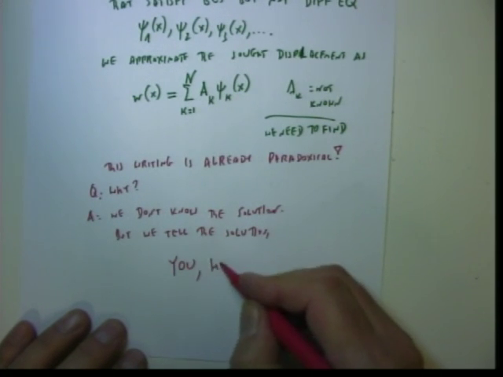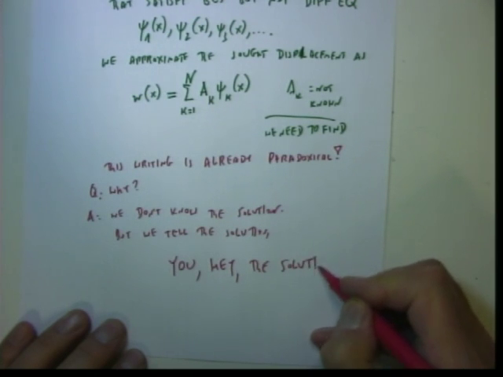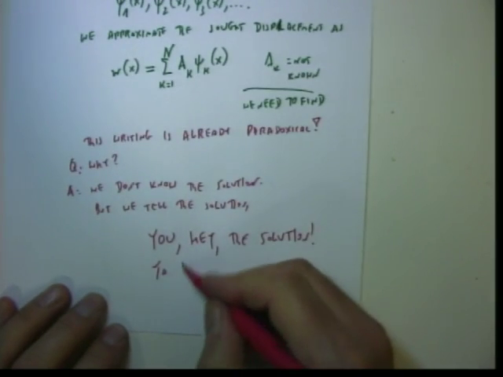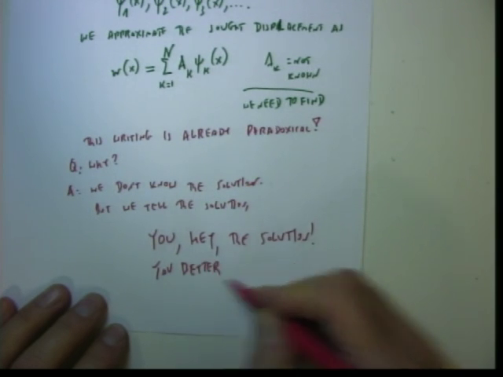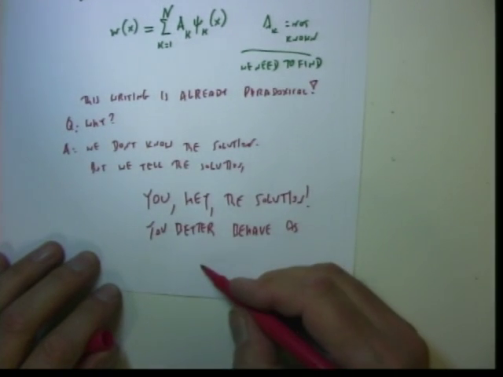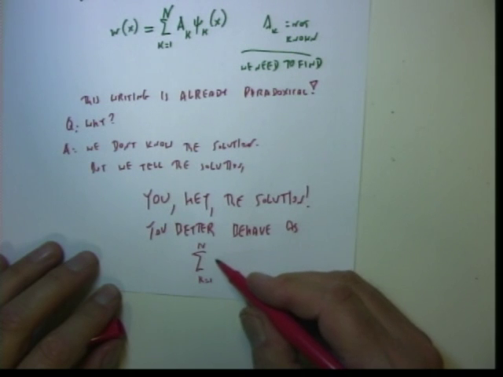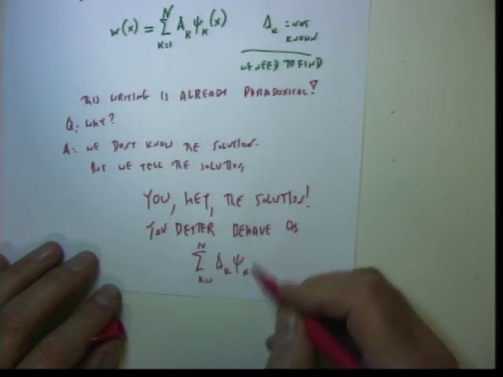You better behave as the sum for k from 1 to n of a_k psi_k of x.